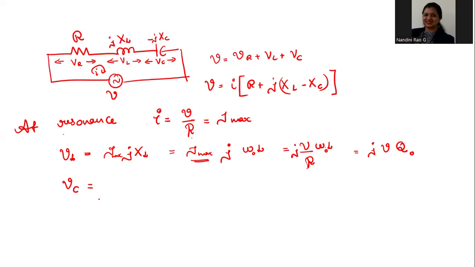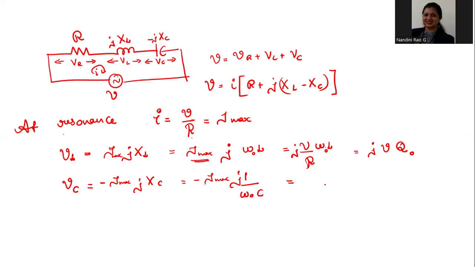Okay. Similarly, I want to find VC. What is VC? I max into minus jXC. So when I write again minus I max j 1 by omega naught C, is that right or not? Yes. So how will I get I max equal to?